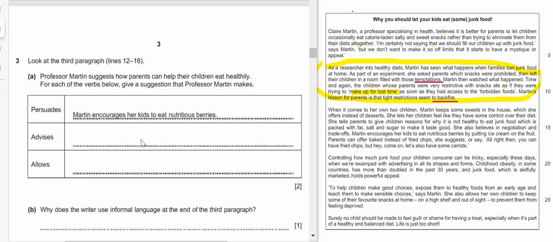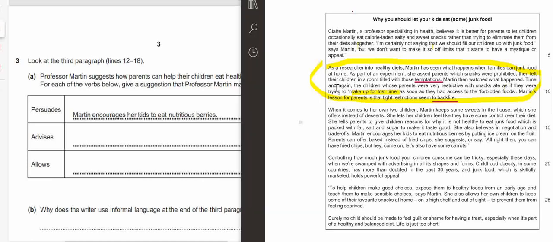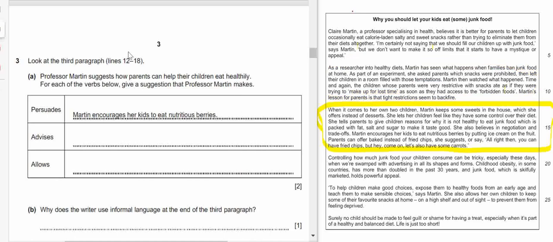Advises. You have to find it from line 12 till 18. 12 to 18 will be here. All right, 12 to 18 is circled for you. And what are the suggestions Professor Martin makes as advises, or the verb allows connected to what Professor Martin says?